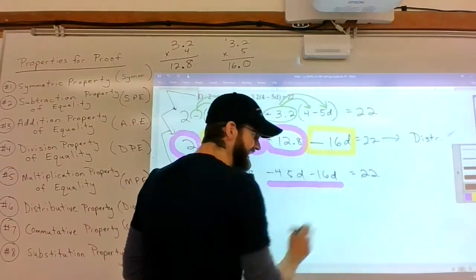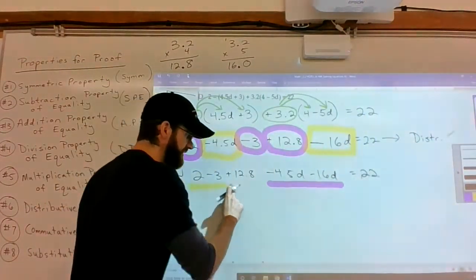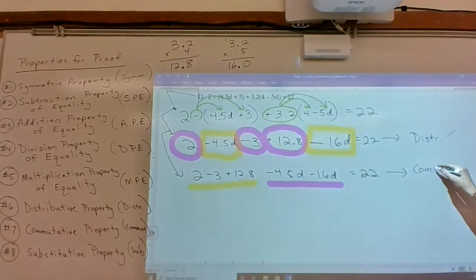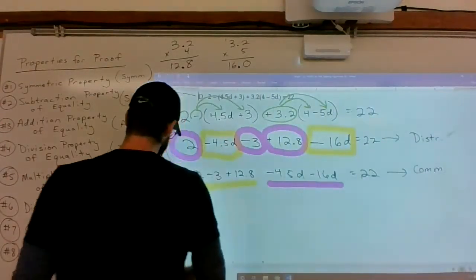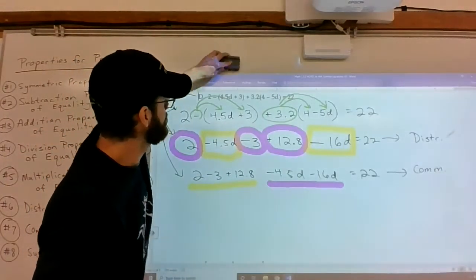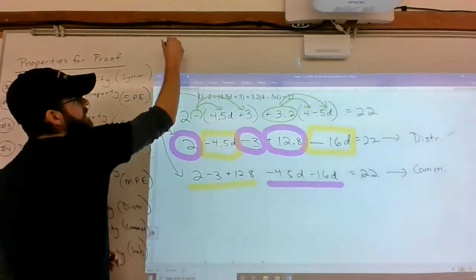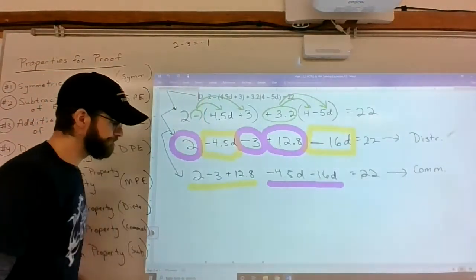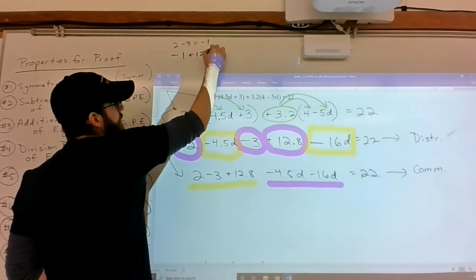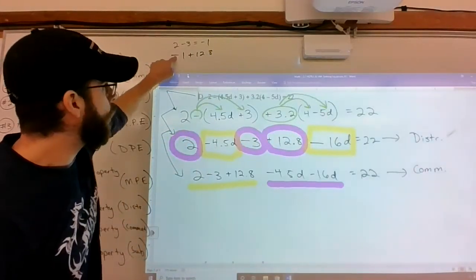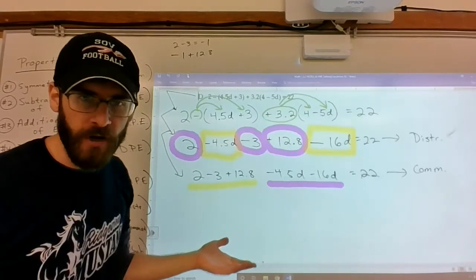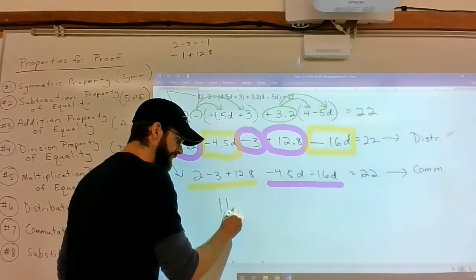So I've got d's side by side and constants side by side. Okay, so maybe you've got to do some scratch work off to the side. That's okay. 2 minus 3 is -1. -1 plus 12.8. That's the same as saying take 1 away from 12.8. 12 goes down to 11. Still have the 0.8. So this is positive 11.8.